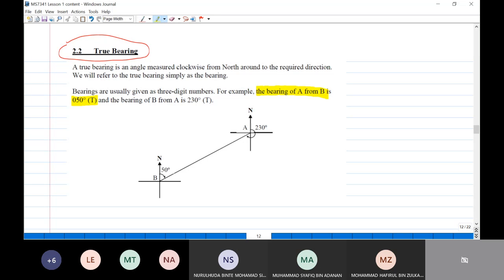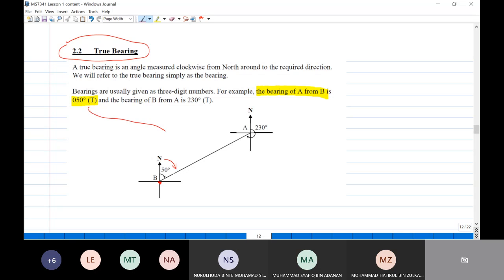So what does it mean? That means there are 2 points, A and B. Bearing of A from B means from B onwards, you look up to find A. So B is here. Look at the direction 50 degrees.